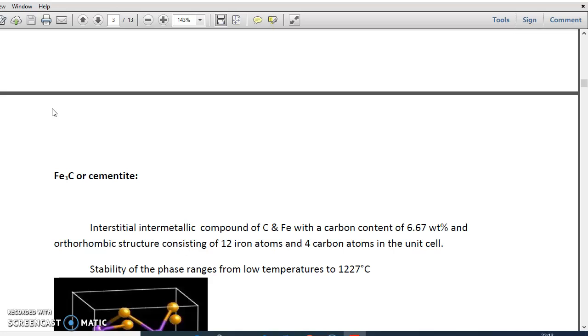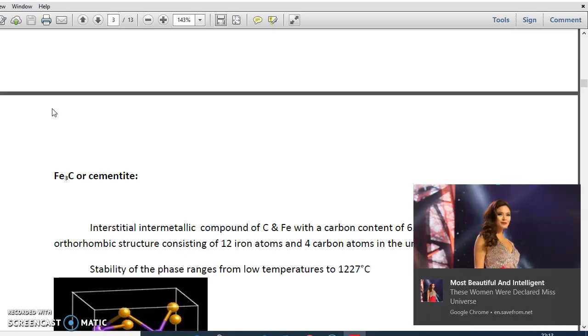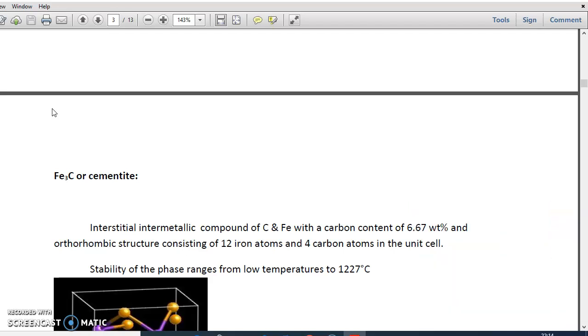Resolved means the lamellar spacing between the ferrite and cementite is more, so it is coarse pearlite. The lesser the distance between cementite and ferrite, the finer the pearlite. With finer pearlite you can see the mechanical properties are better, like hardness and strength.